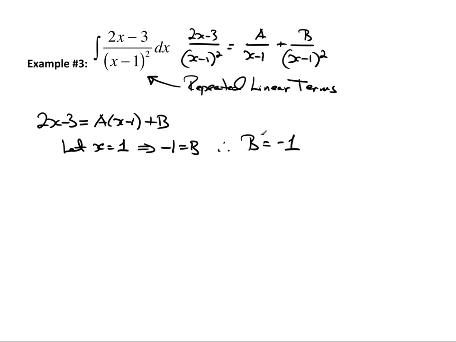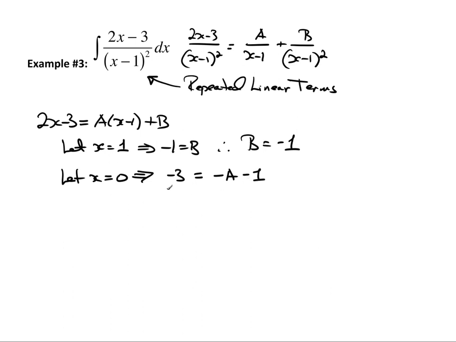Now, if I come back and let x equal some other number, 2 or 0, let's make it 0. So if I let x equal 0, then I end up with negative 3 is equal to negative A plus B, which is minus 1.